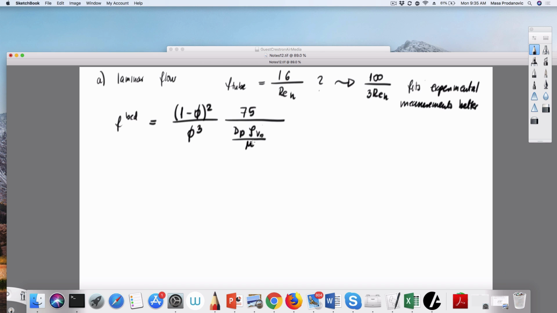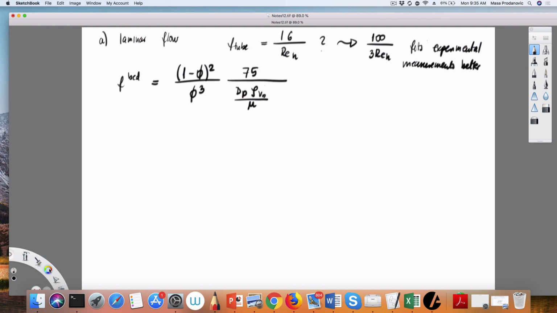And this formula is found to work well. Works well for dp rho v0 over mu (1 minus phi) less than 10. And my phi less than 0.5.